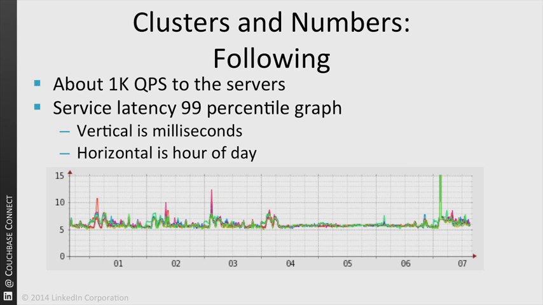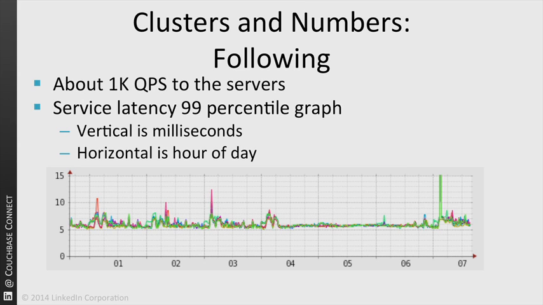Looking at some of the numbers here, these are the latencies for the servers, and what you're seeing is a 99 percentile graph. 99 percentile is the outliers, and our 50 percentile graph is actually much better than this. But if you compare the 99 percentile to other graphs that tend to be in the 99 percentile, this is fairly good.